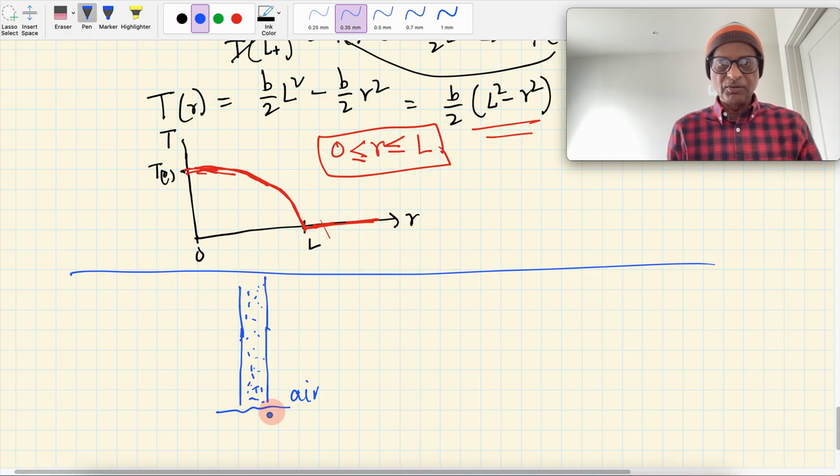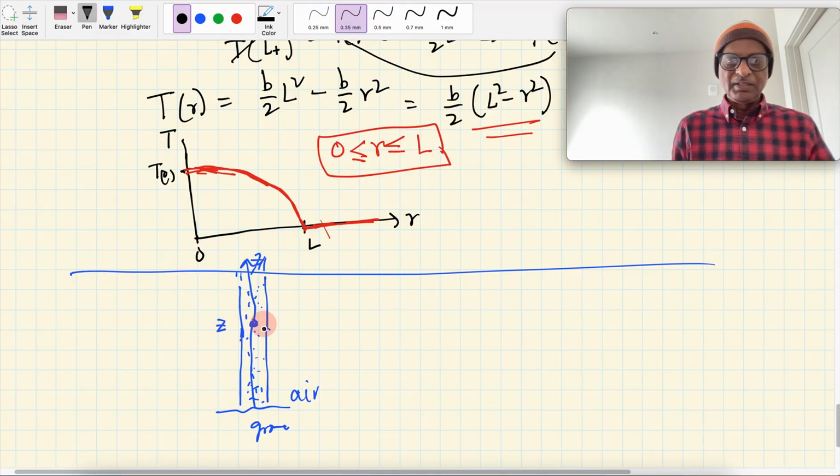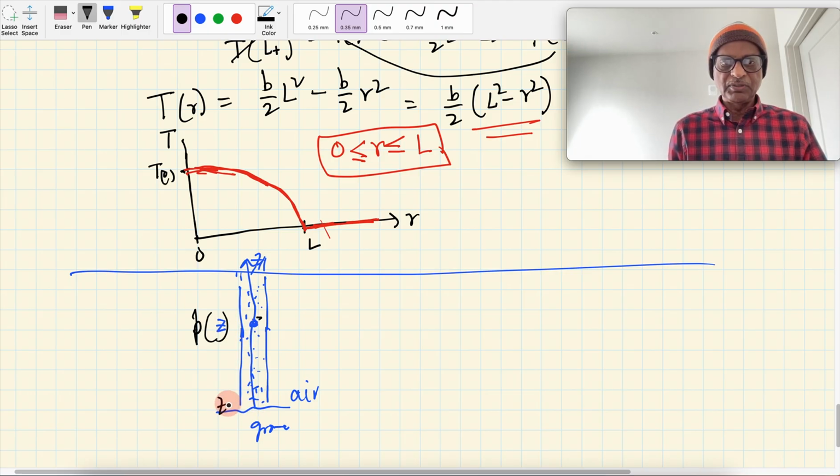This is the ground, so if you go along the z-axis, at some point there will be no more air, right? So what's the pressure at some point z? How do you find pressure? Well, we want to know the pressure at this height, z.